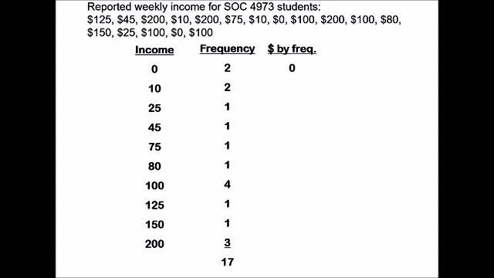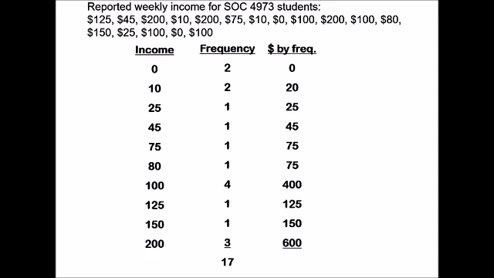We find that the first is 0 times 2 equals 0. 2 students made $10, so that's a total of $20, and so forth, all the way through the distribution. 4 students reported $100, that's $400.